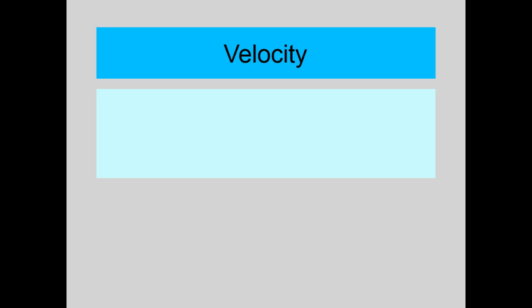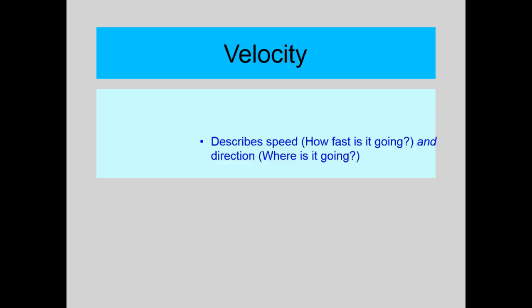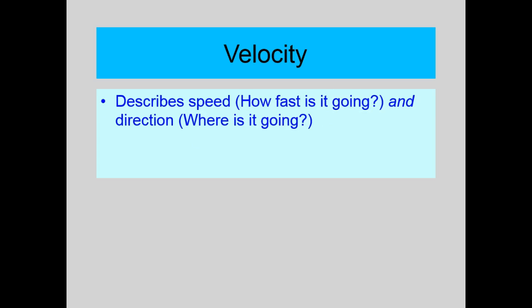Velocity, on the other hand, implies not just how fast you're traveling, but also what direction you're traveling. So velocity is a vector quantity, including direction, whereas speed is just a scalar quantity with no direction associated with it. So velocity describes speed, how fast it's going, and the direction, where it is heading.